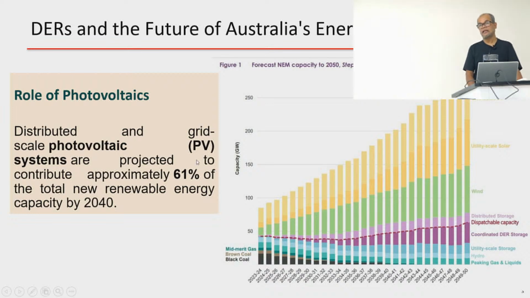Now in every 4 houses, 1 house has a photovoltaic system. And there are also many commercially available photovoltaic systems in Australia as well.